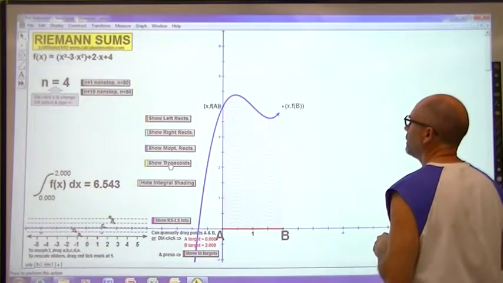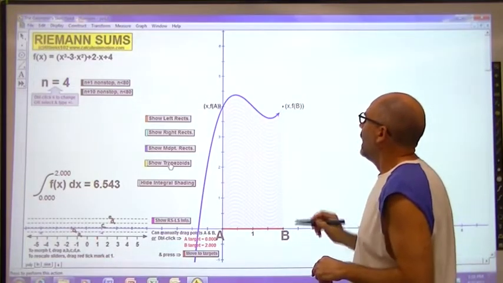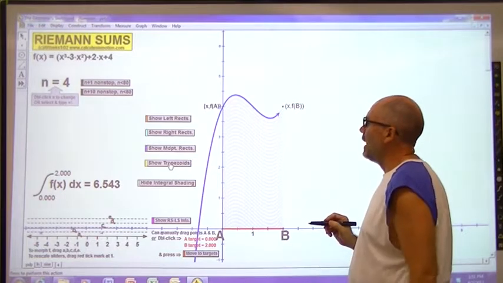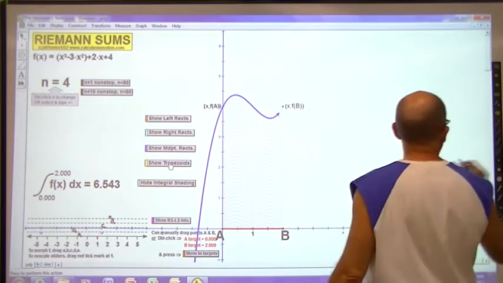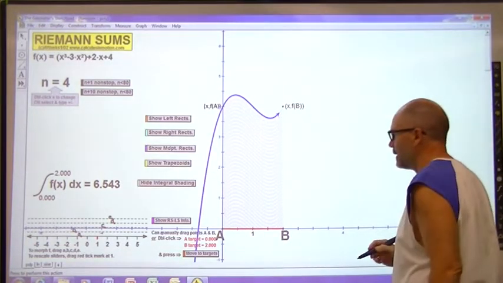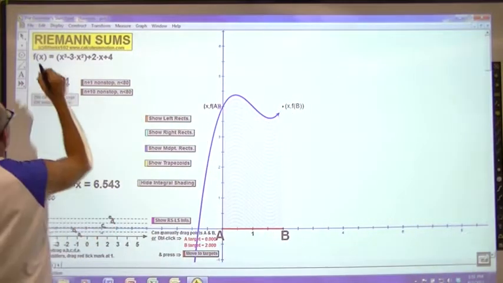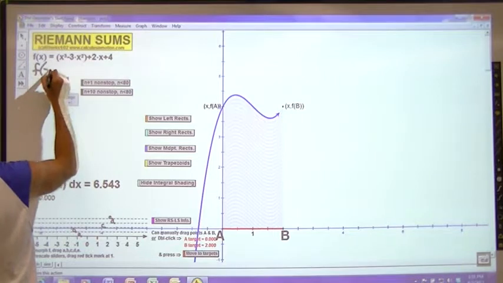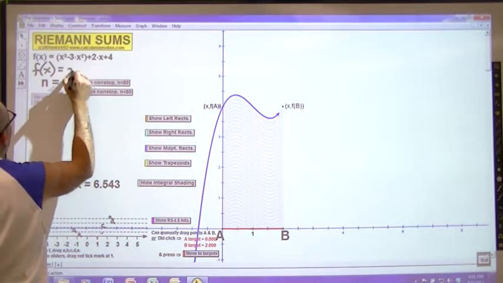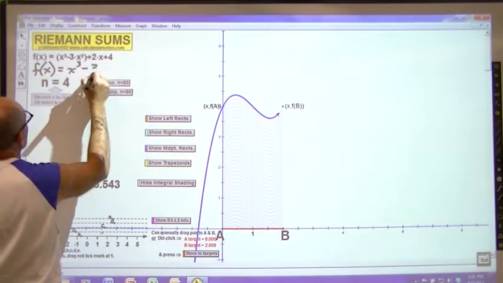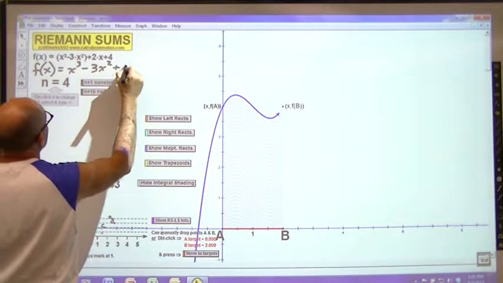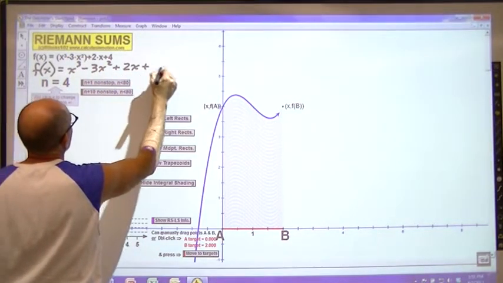So, cruising onward. Let's take a function here, and my function, you can see it here, but I'll actually write it in right up here. So f of x equals x cubed minus 3x squared plus 2x plus 4.